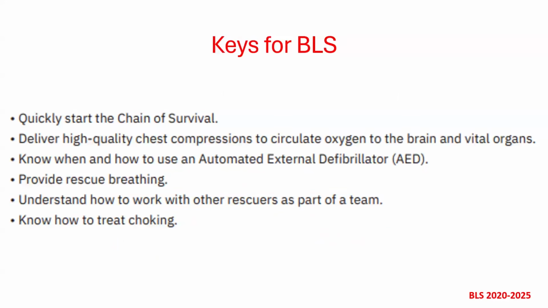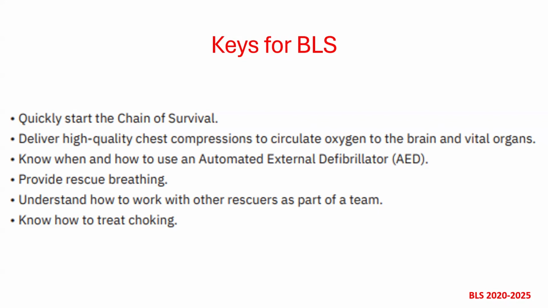There are six components to basic life support. One, quickly start the chain of survival. There is a way to do it, which we are going to explain both in adults and children. Second, very important is high quality chest compression to circulate oxygen to the brain and vital organs. And know when and how to use an automated external defibrillator, which is easy.